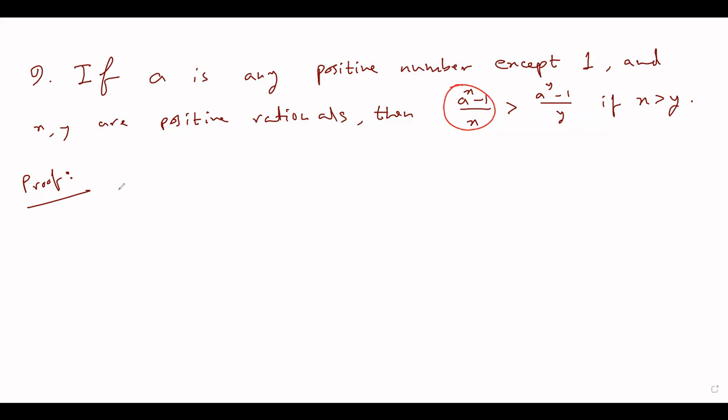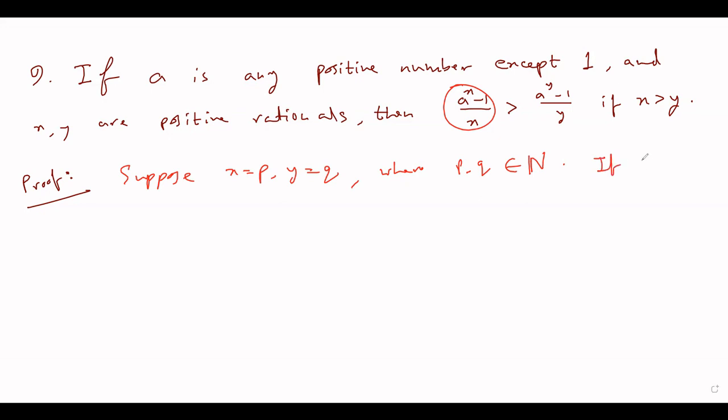First, we are going to prove a simpler, special case, where x equals p and y equals q, where p, q are positive integers. So we are going to prove the result for integers first, then generalize to rationals.